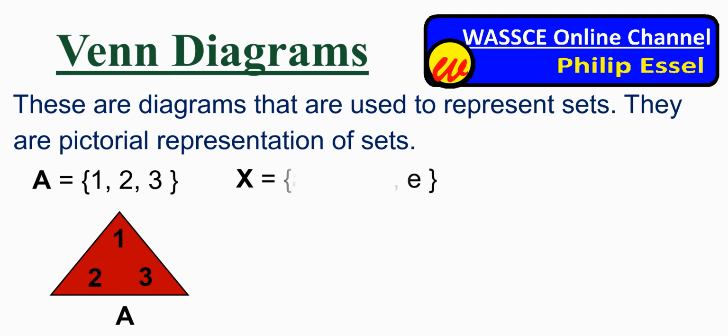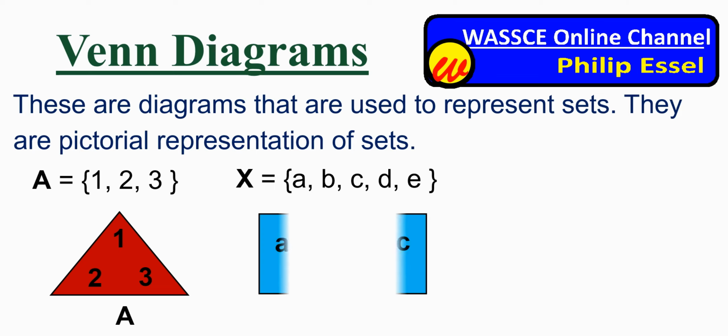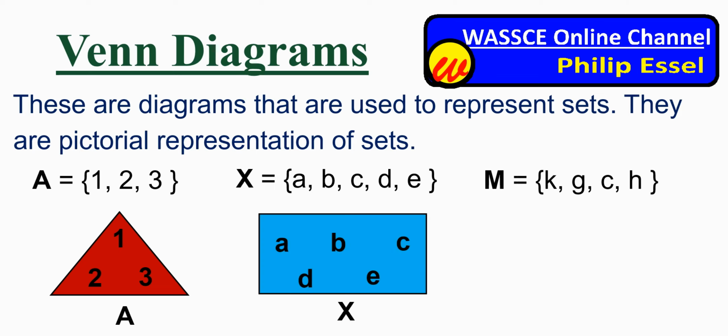Now let's look at the set X. It can be represented pictorially using the following Venn diagram: a rectangle. Finally, let's look at set M. We will use an oval shaped Venn diagram to represent this set.